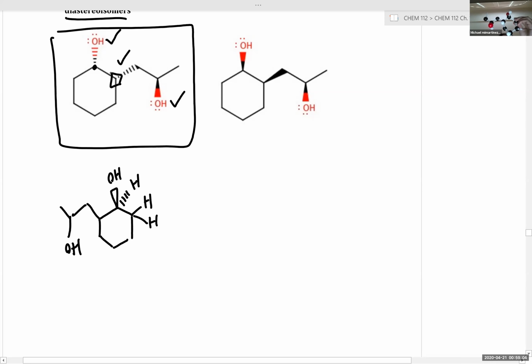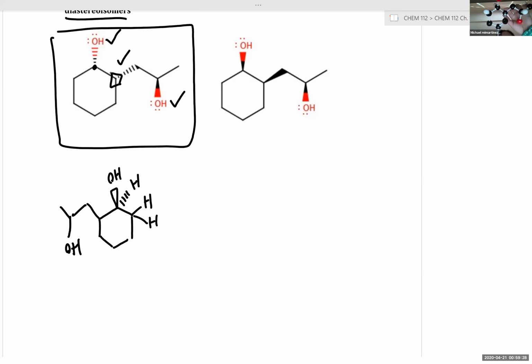Towards, right? Okay. And just like before, hydrogen is a low priority group, so we're going to put it in the back. So we're going to take our entire model kit, our chiral center, and just flip it 180 degrees. So now our hydrogen's in the back, and now we just draw what we see.